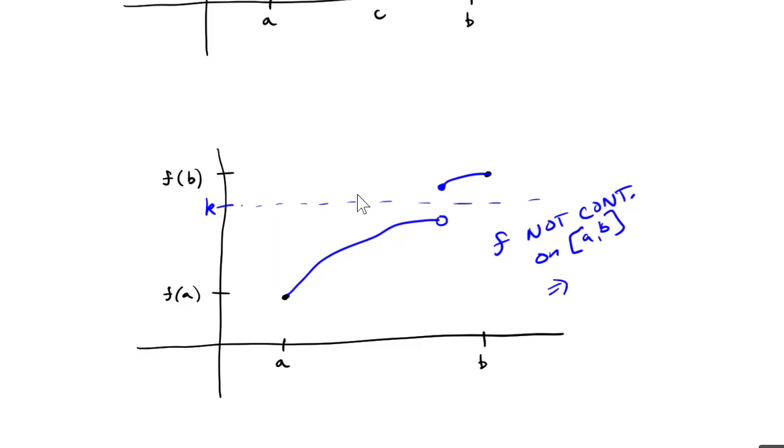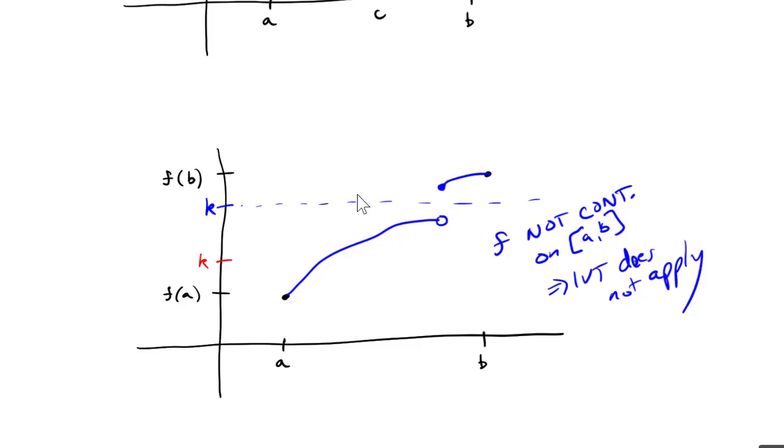In other words, IVT does not apply. And when it doesn't apply, it can't say anything about it. It doesn't mean that what you expect to happen doesn't happen. It just means that it's not guaranteed to happen. So this is really a guarantee theorem, because imagine I took a different k.